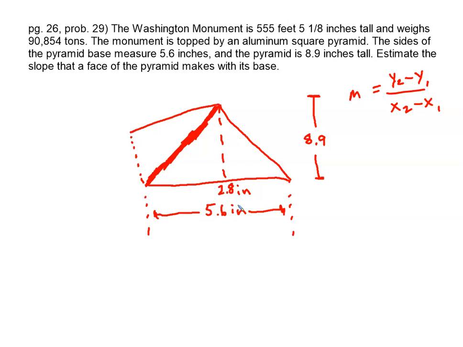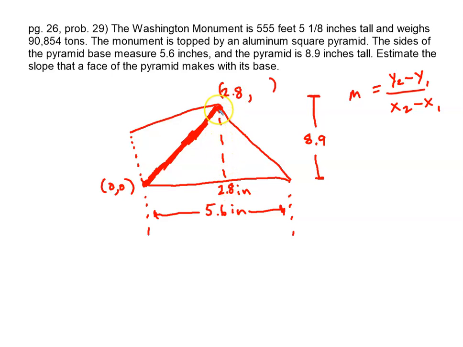If you want to, you could think of this as the start of your line, or you could think of this as the origin. So I'm just going to say that's (0, 0). And then think about what the ordered pair of this point would be. If you went from the origin right 2.8 inches, that would be the x-coordinate.